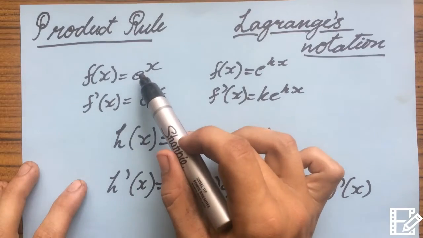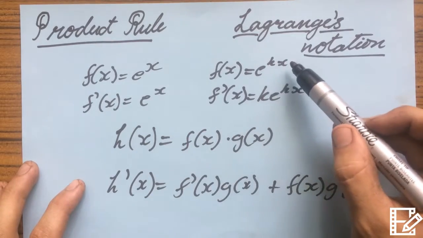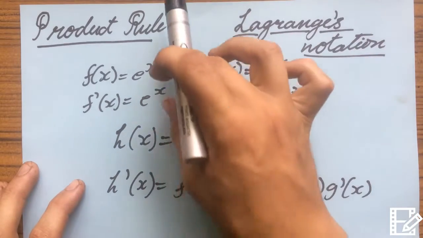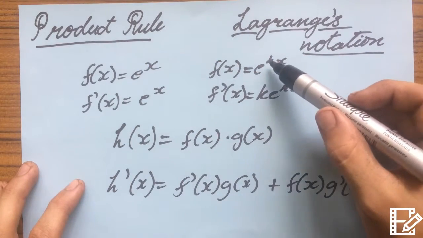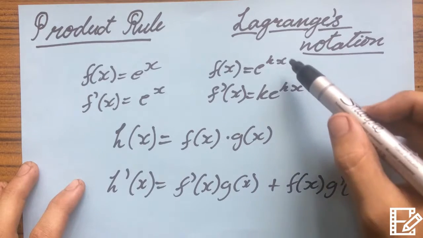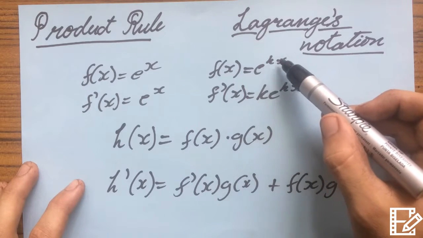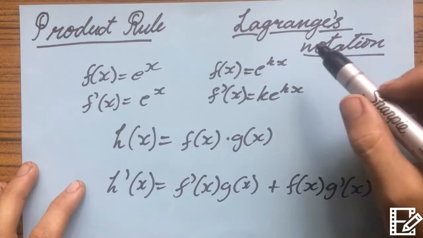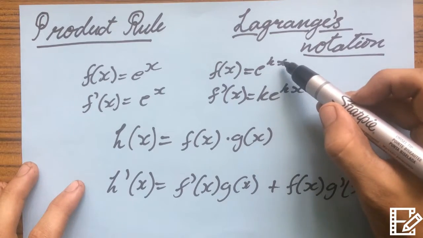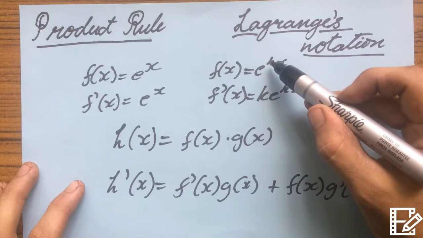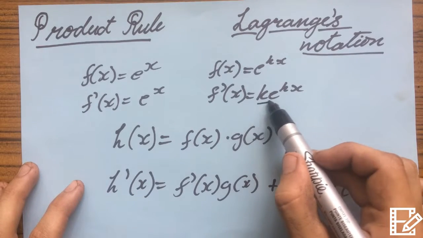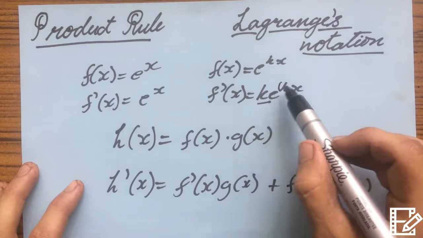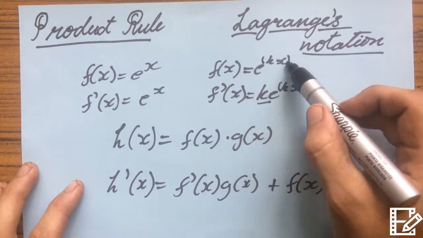Notice that when you derive e^x, or e to the kx, it stays the exact same, except when you have a number, you bring that number down. And that's only because if you were to derive kx, you would end up with k. So this number here is actually the derivative of what's inside these brackets.